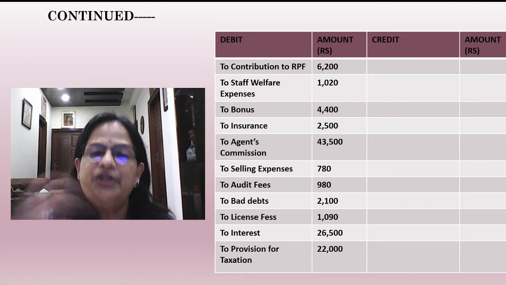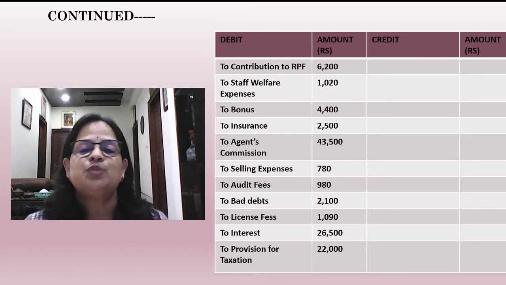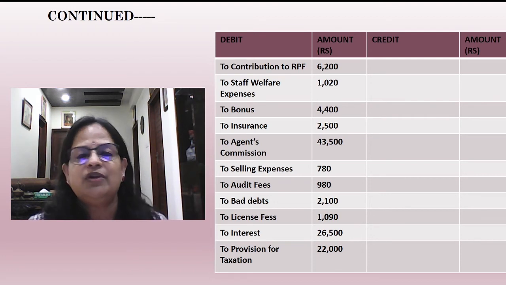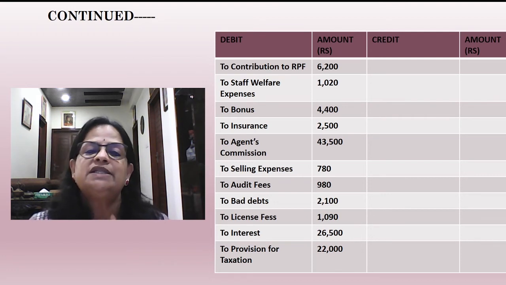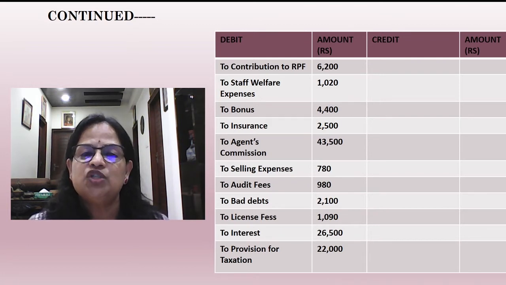Miscellaneous income is allowed. Closing stock allowed. Now continuing with contribution to recognized provident fund, it's not allowed. Staff contribution to recognized provident fund is 6,200. Staff welfare expenses allowed. Bonus allowed. Insurance 2,500.